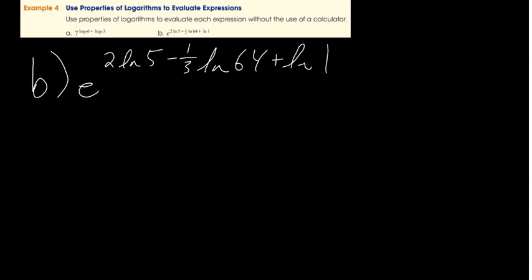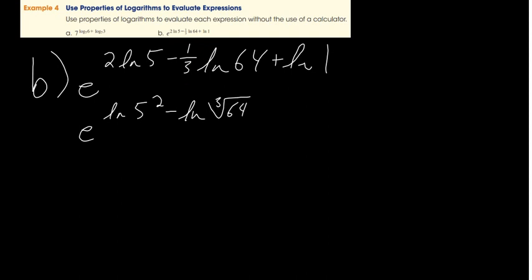So we're going to end up with, let's actually do the power rule first. How about that? Okay, so we're going to end up with natural log of 5 squared, and then minus the natural log of the cube root of 64, because what I'm doing is taking this and putting it as an exponent, and something raised to the 1/3 would be the cube root.